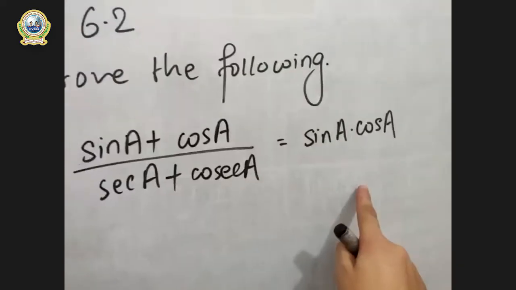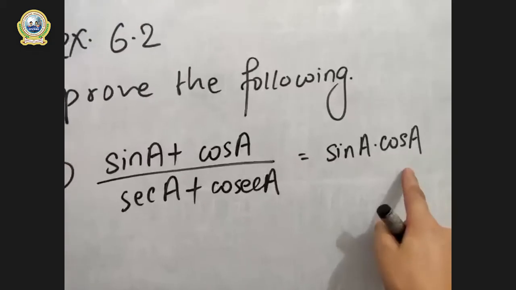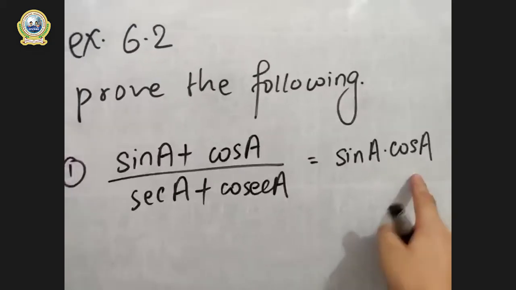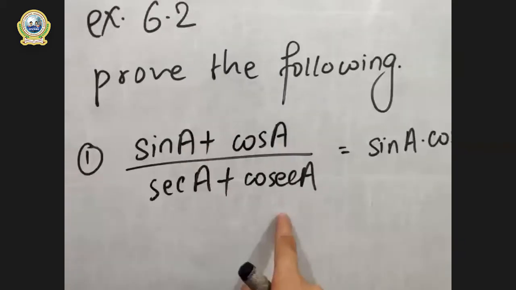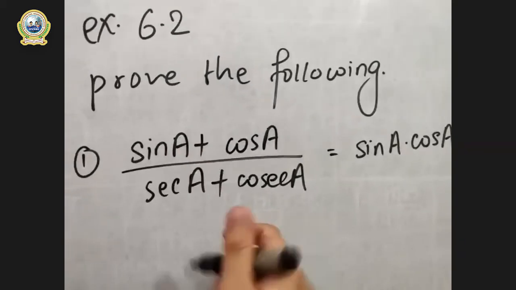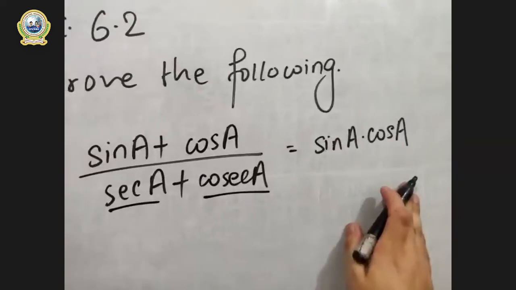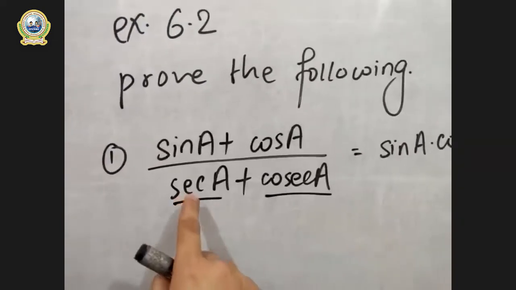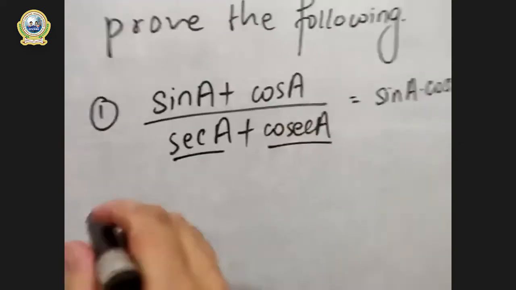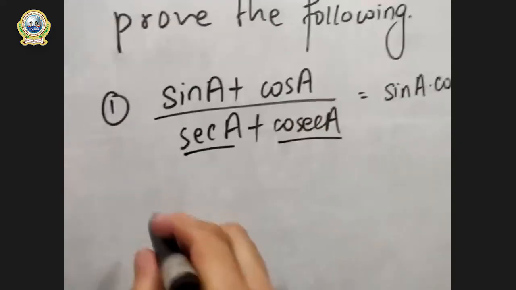We have sine and cos in the RHS, right hand side, right? But in the left part, we have sine, cos, and also sec and cosec. We don't need these two. Look at the right part, there are no sec and cosec. So we try to remove these two. Now write LHS first, left hand side.